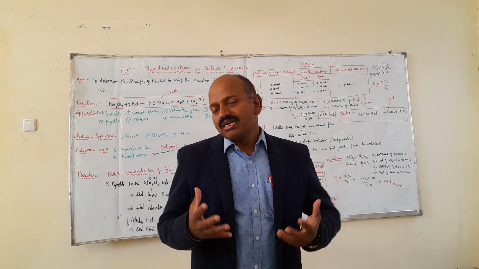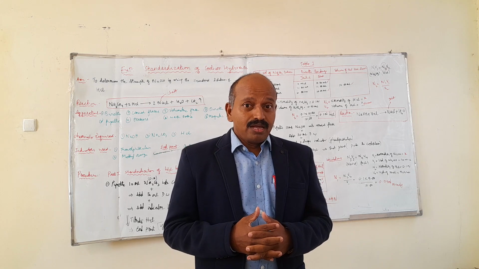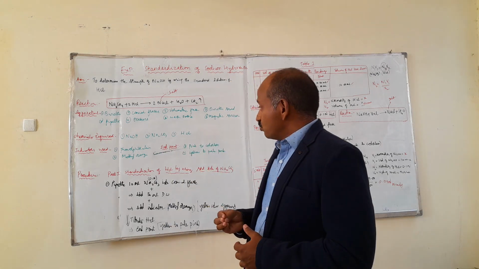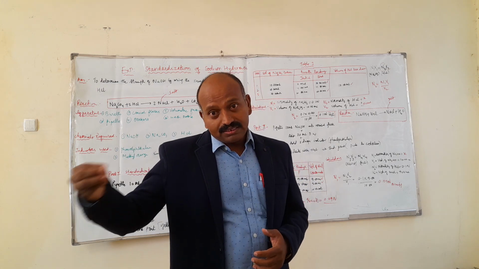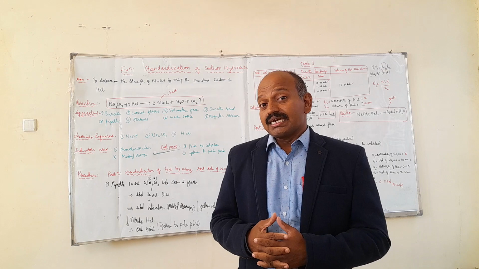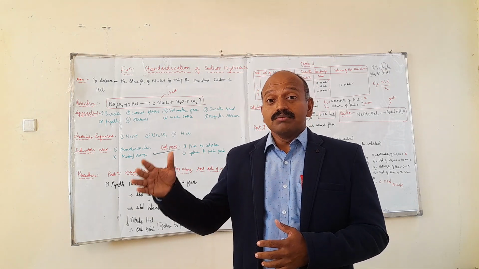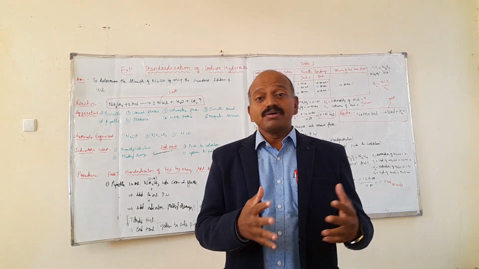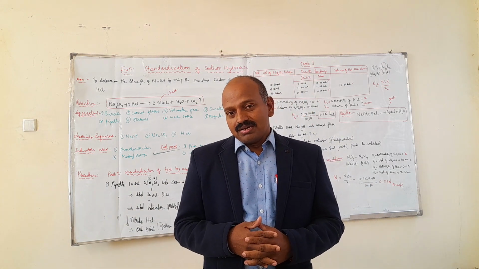Without knowing the strength of hydrochloric acid, it is impossible to find out the strength of sodium hydroxide. That is why first we need to standardize the hydrochloric acid by using another base, sodium carbonate. Here hydrochloric acid is a secondary standard and sodium carbonate is the primary standard. By using this primary standard, we can find out the strength of hydrochloric acid.